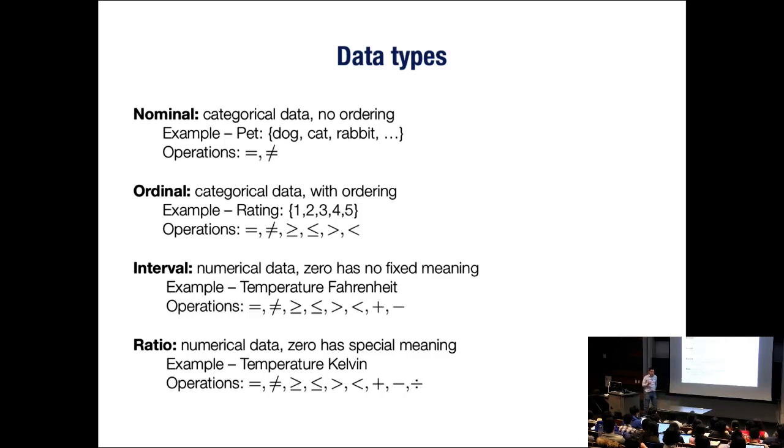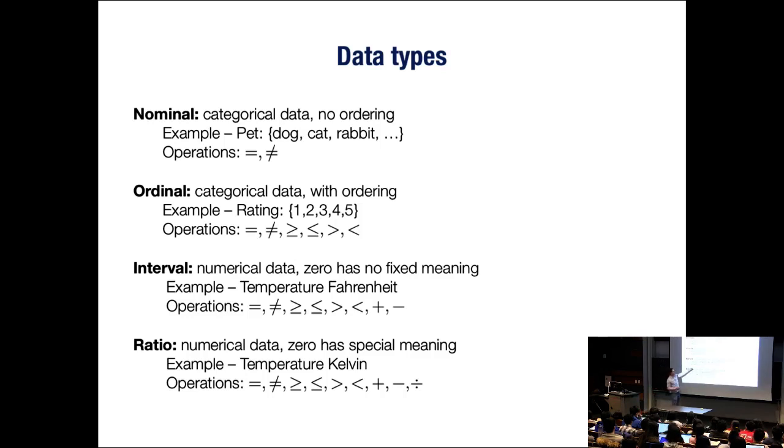And here, the important part is that you have more operations you can apply now to these data types. So if I have x and y, both of which are ordinal data points, I can again say is x equal to y or is x not equal to y, but I can also say is x greater than y or x less than y.